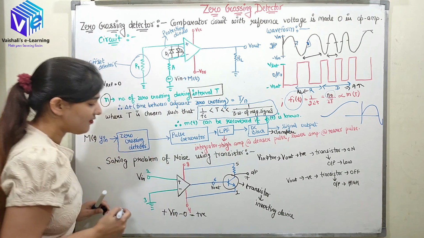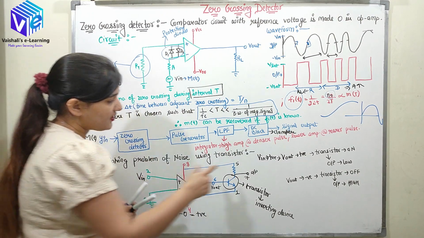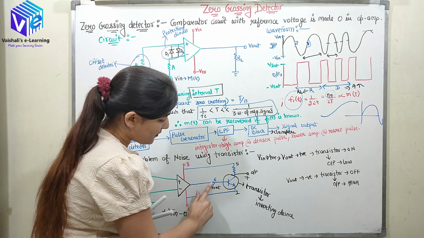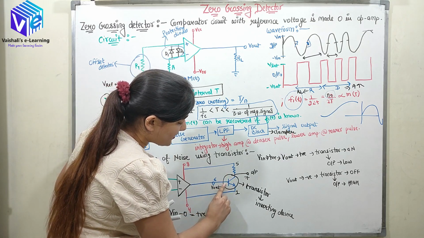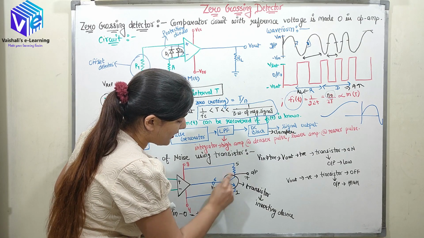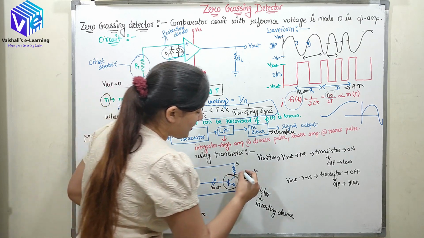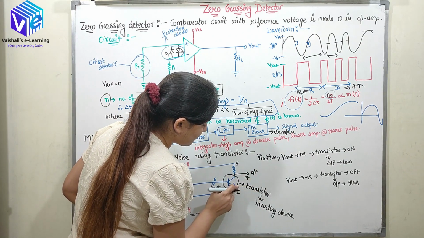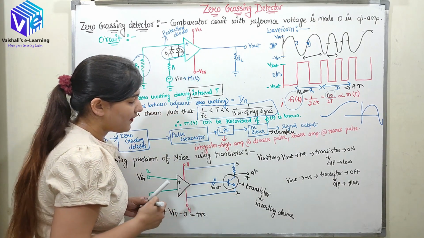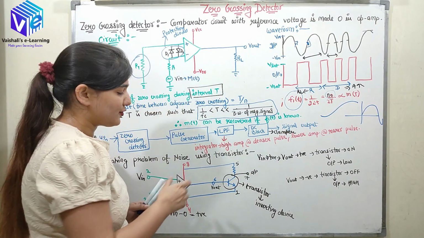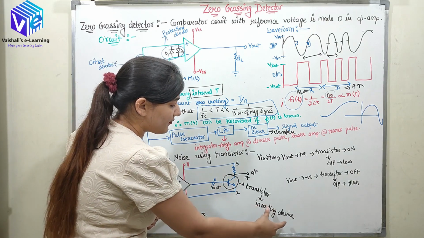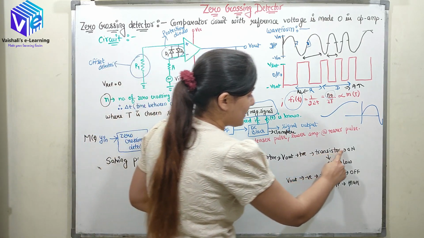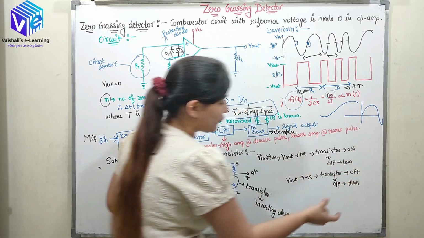So when this is positive, this output voltage would be positive, and the base is given the voltage. So now this transistor would be enabled, and the output would be inverted. Whenever the transistor starts working, it will start inverting the output. So whenever the transistor is on, the output would be low.